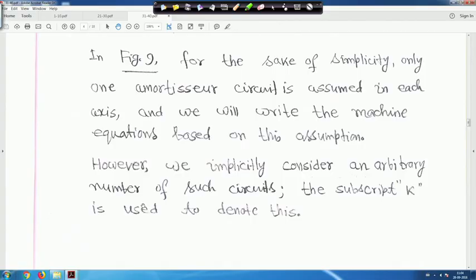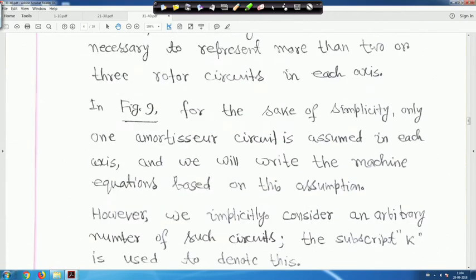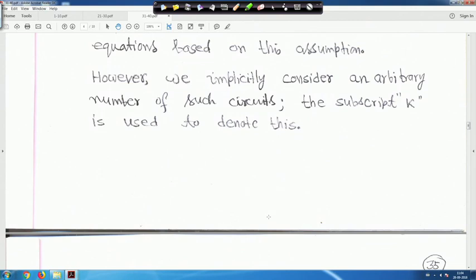So that is why we will use only one each, but in general we will represent IKD or IKQ. We implicitly consider an arbitrary number of such circuits, and subscript k is used to denote this. So this is the subscript k we have used, that is IKD, IKQ.